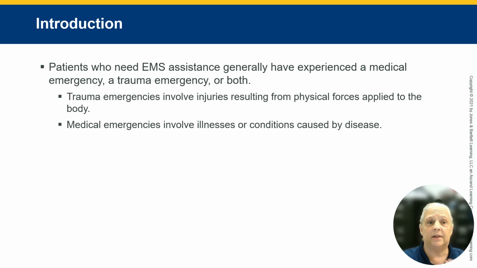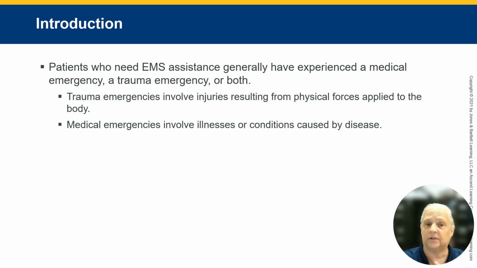With trauma, it's going to be an injury that has occurred from an external force involving the body. Striking a tree with your car and then your body strikes the inside of the car, or a fall from a height are examples of trauma. And we have our medical emergencies, lung problems, respiratory issues such as asthma, pneumonia, COPD, emphysema would be some examples.